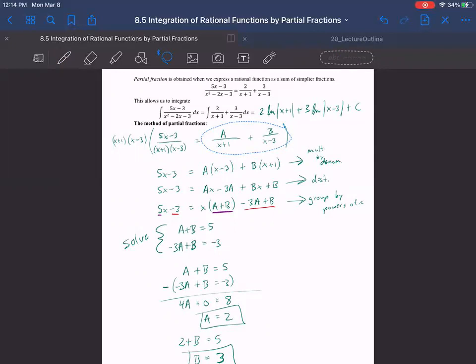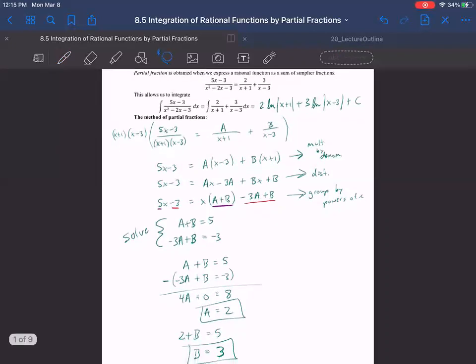Because what you'd end up doing is putting a 2 right here, a 2 right here, and the 3 over here, which is going to change your coefficients. Now, maybe in some cases you might get lucky and it works, but in general, no. It'll change your coefficients. All right. Any questions on that?